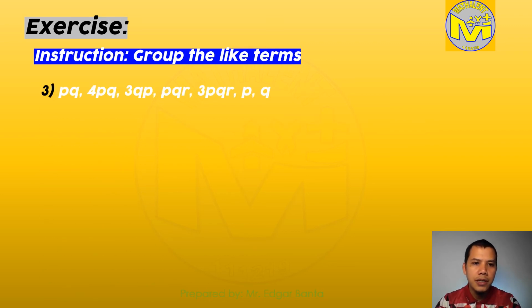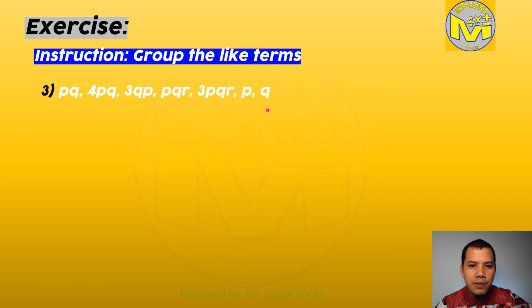Number 3. Count the terms. We have 1, 2, 3, 4, 5, 6, and 7 terms. How many groups? We have group of PQ and PQR.